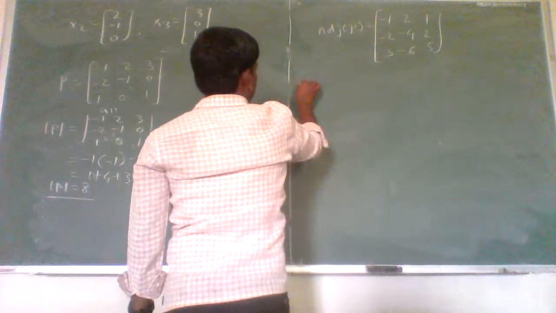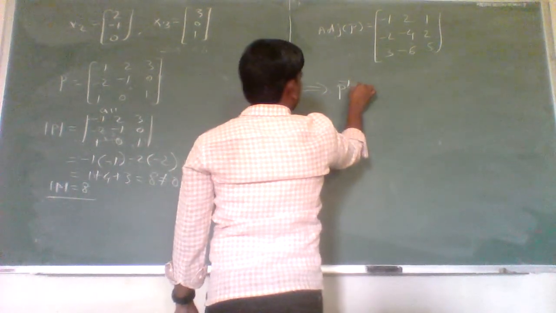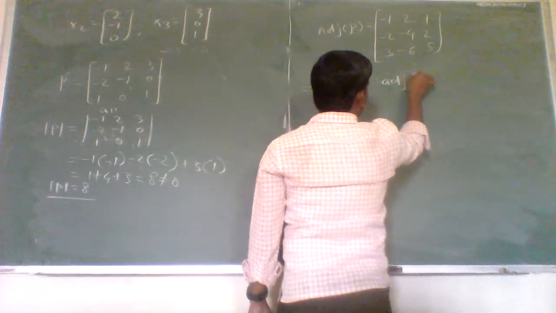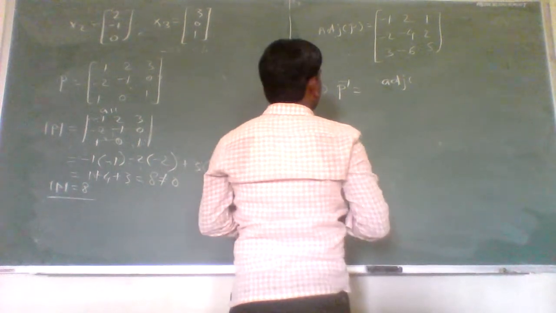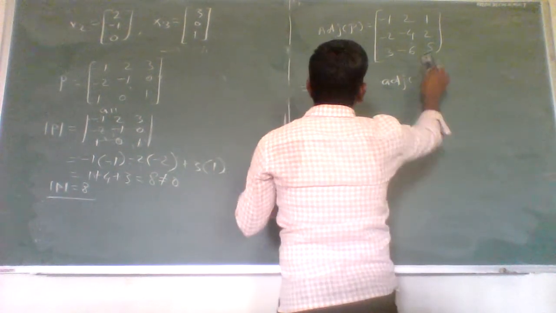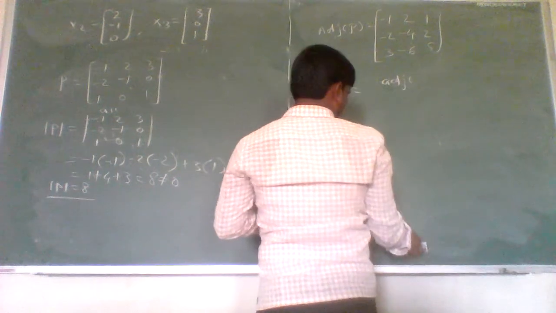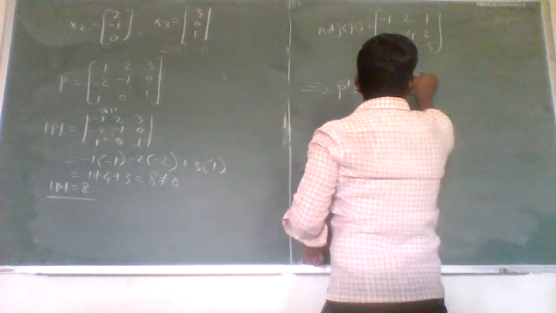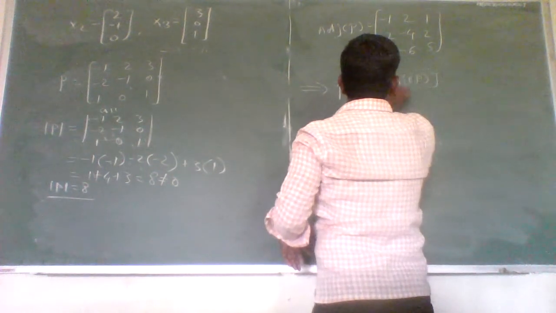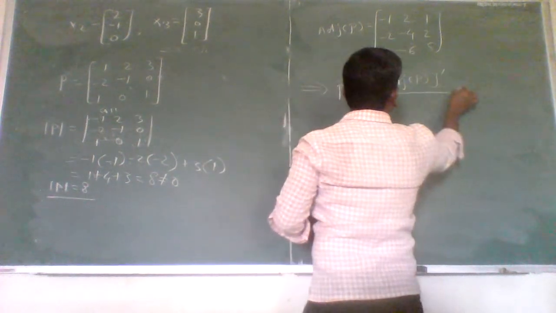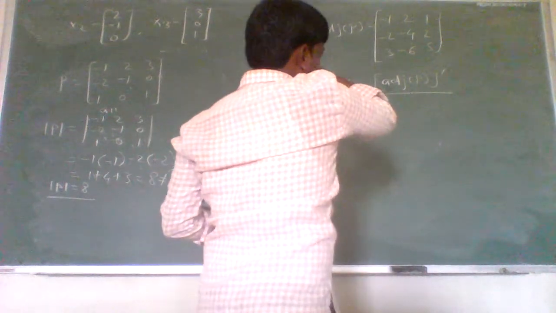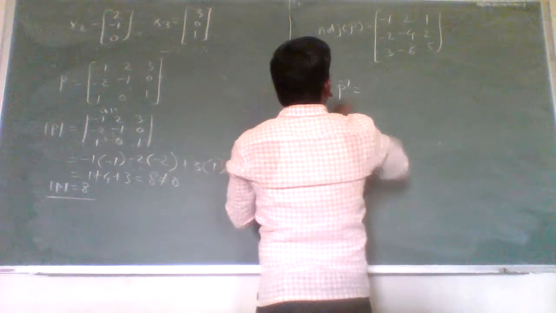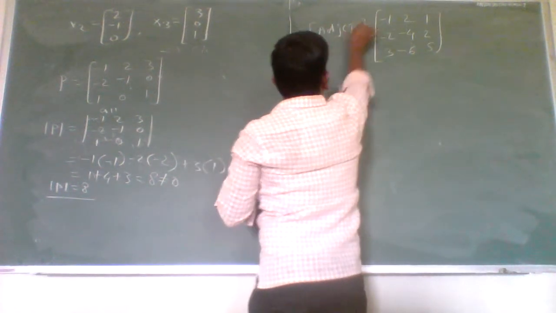This is the cofactor matrix. So P inverse is nothing but, sorry, first we have to take its transpose. The adjoint of matrix P is nothing but the cofactor matrix and its transpose.